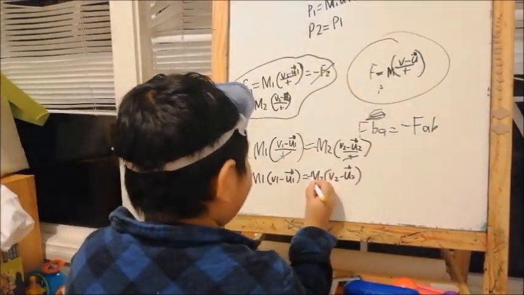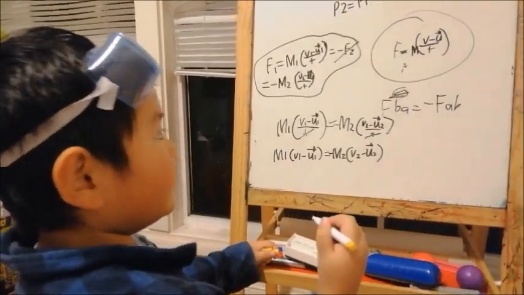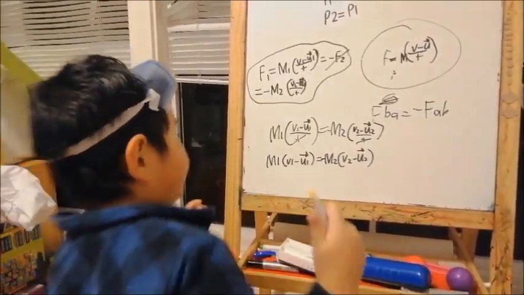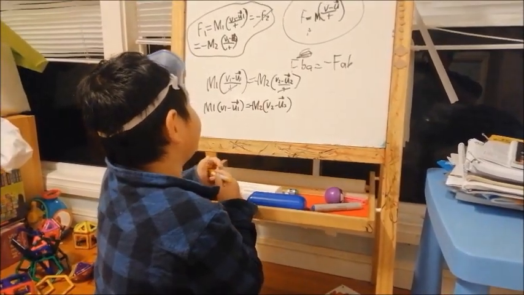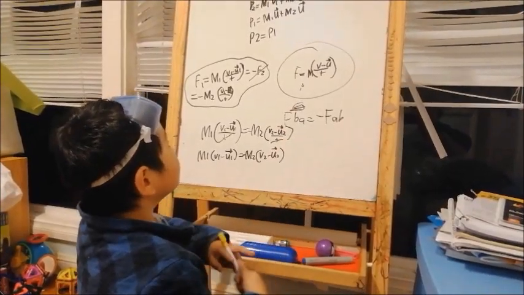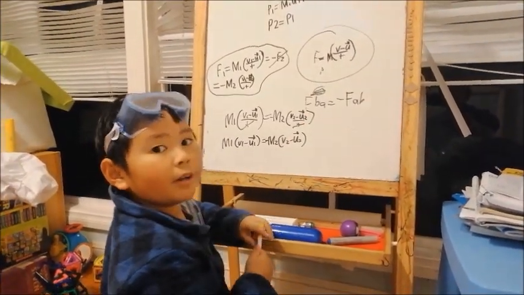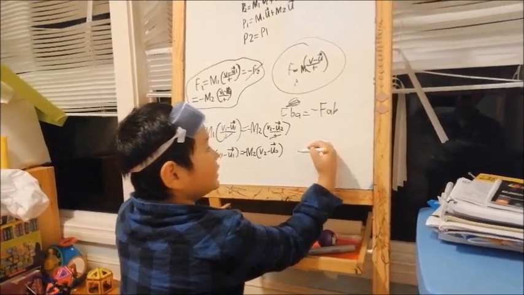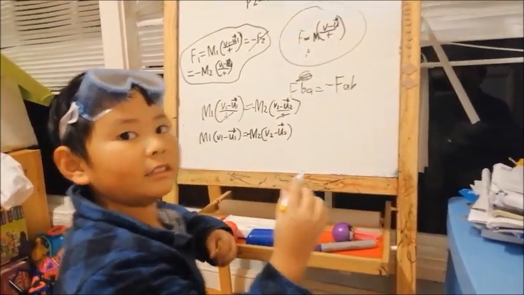I forgot about this minus. So here we have it. So here comes the hard bit. P2 equals P1. And here's something to understand before I write this formula.